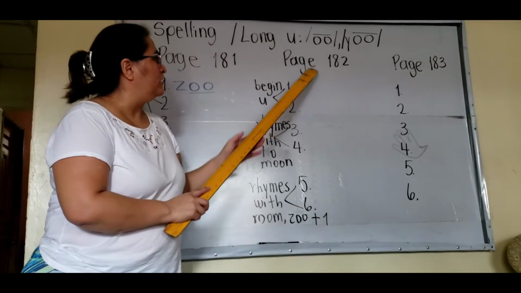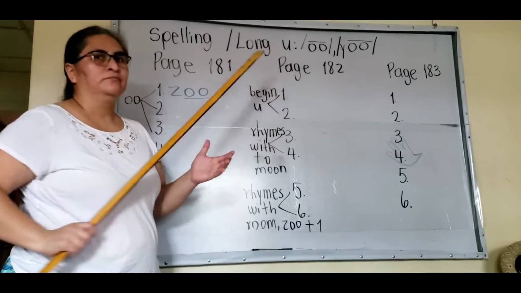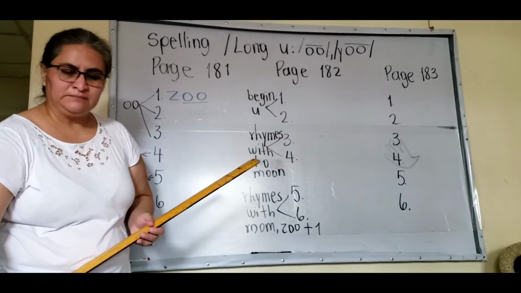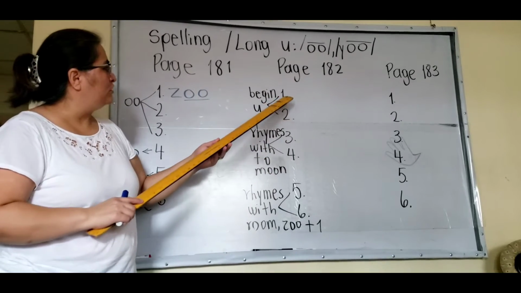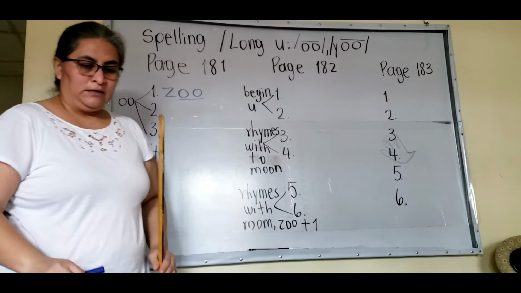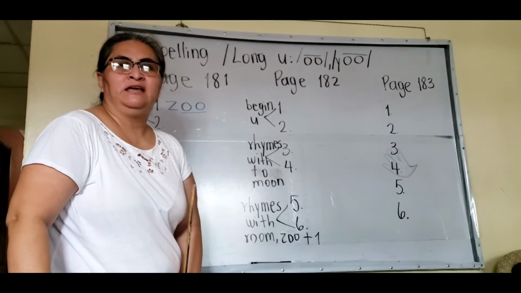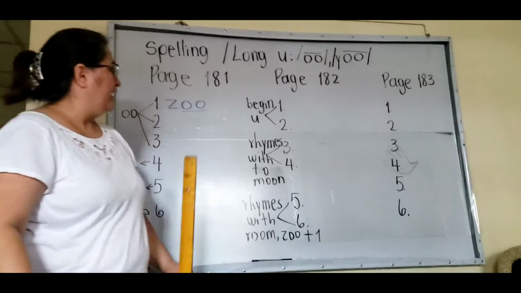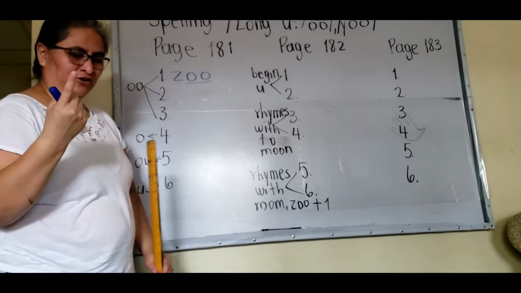Now you will work on page 182. What you have to do over here? On this page, you have to solve exercises number 1 and 2 with the words that have the U sound, beginning with U. And one is U. Find the other.